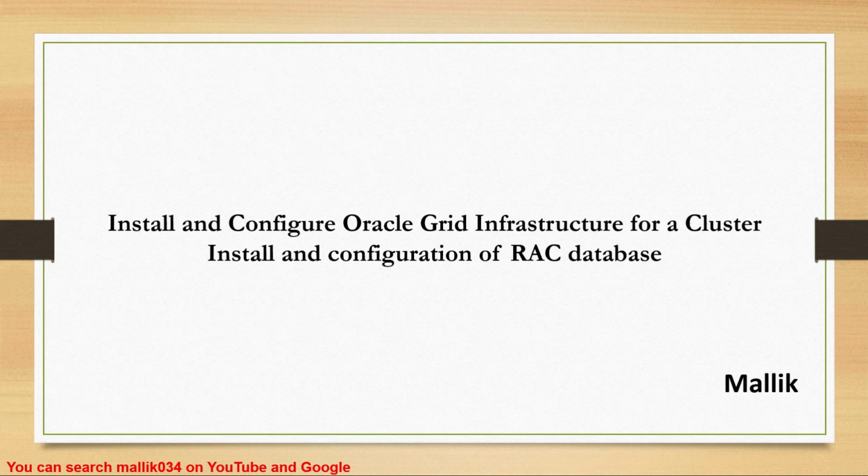So after this session, I hope everyone will be very much confident and very much aware of all this grid infrastructure installation in their own lab setup using VMware or VirtualBox.